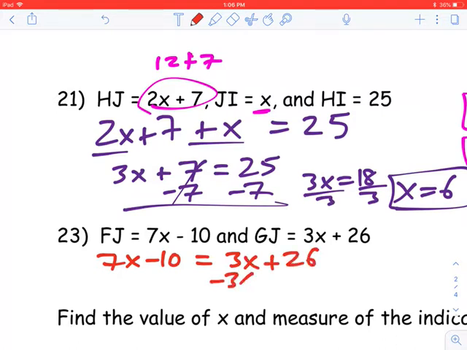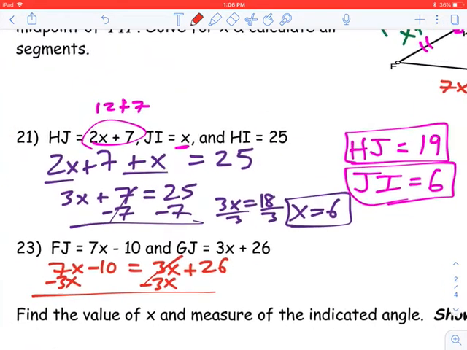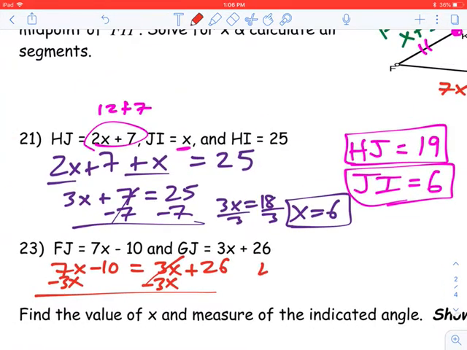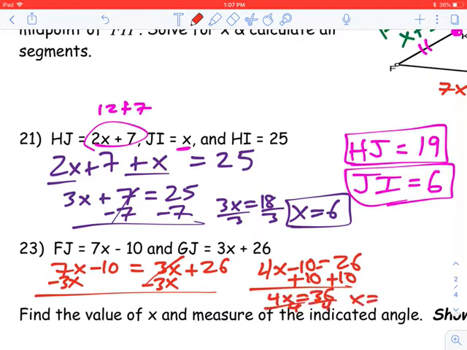Okay, so get x on the same side again once I have that set up. And I've got 4x minus 10 equals 26. Add 10 to both sides, get 4x equals 36. Divide by 4, x equals 9.